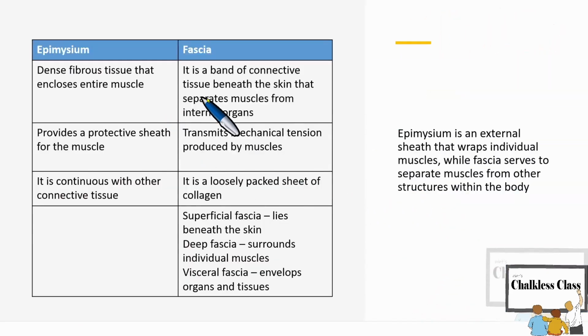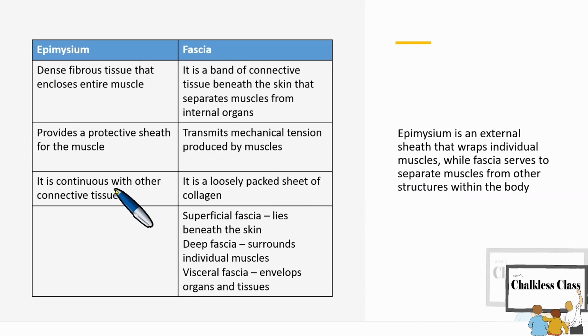And fascia is a band of connective tissue beneath the skin that separates the muscles from internal organs. That is the major difference between the epimysium and fascia. Epimysium forms a protective sheath around the muscle, and fascia transmits mechanical tension produced by the muscles.